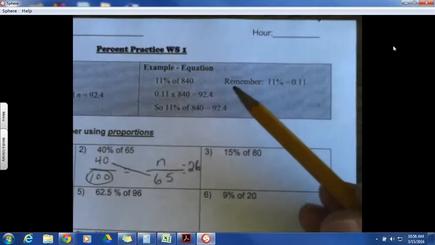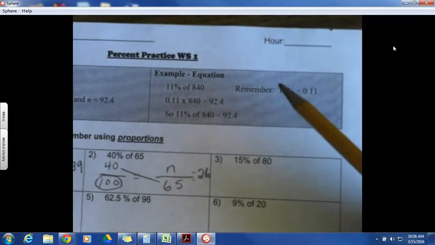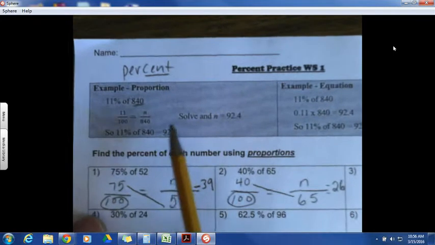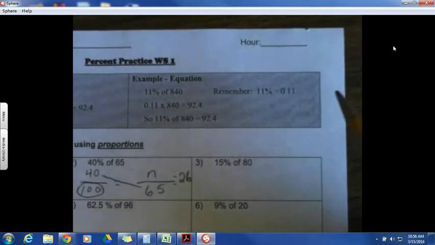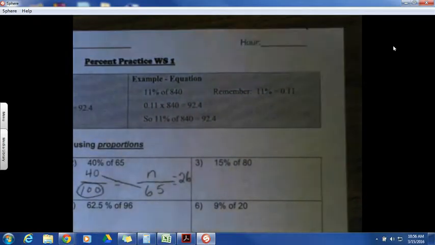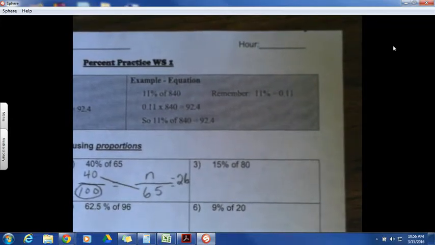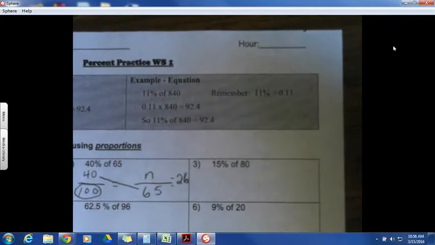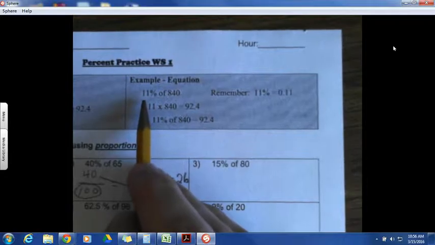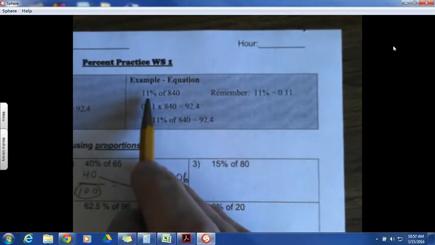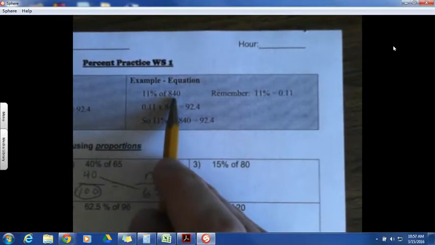The other way that I'd like you to try is to use an equation. And it's up to you which one you prefer. If you'd like the proportion method that we just tried, or if you prefer this equation method. This, I think, is a little bit quicker. Some of you might like it better, but you have to be good at converting percents to decimals. Okay, so in our example it says, what is 11% of 840?